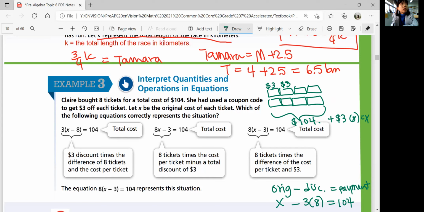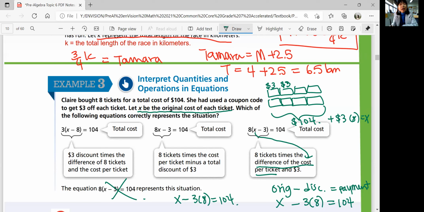Which one? I think there's a typo in the textbook. X is the original cost of the ticket, not the difference of the cost per ticket. This is when X is a different thing. So this is not true. If X is the original cost per ticket, then it's X minus 3 times 8 equals 104.